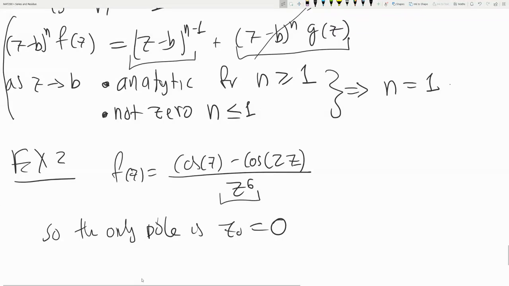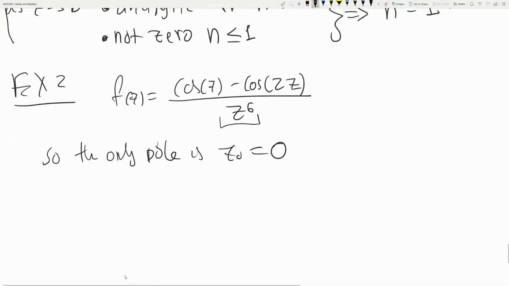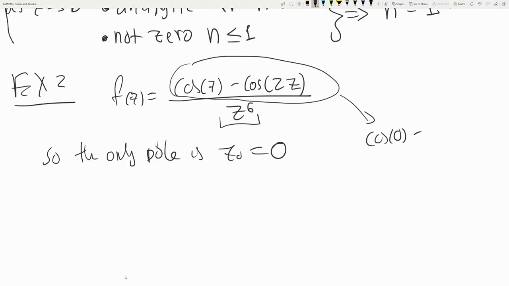Now you might say, well, isn't it obvious that it's 6? Well, no, because the top guy, let's put 0 quickly. We have cosine 0 minus cosine of 2 times 0, but these are both equal to 1. So the top guy will contribute to the power.